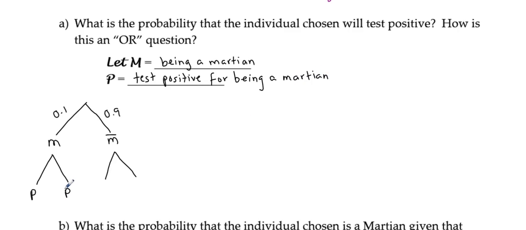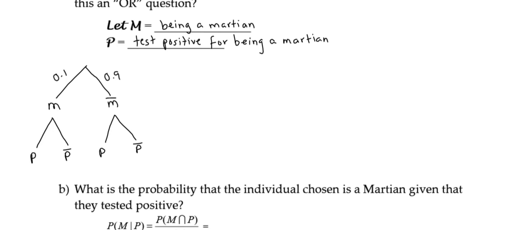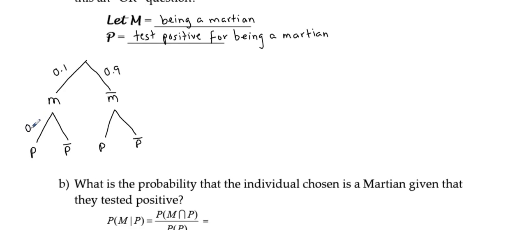So this is not testing positive. This is testing positive. This is not testing positive. So it says, when a Martian is tested, the result will be positive 85% of the time. So this is 0.85. So a Martian will test positive for being a Martian 85% of the time, which means 15% of the time the test is wrong.